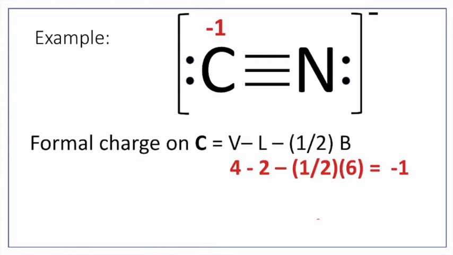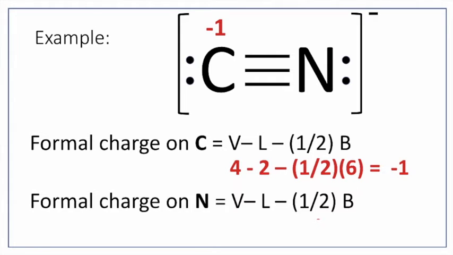Now let's take a look at the nitrogen. We're going to use the same formula. Now, if you remember, nitrogen has 5 valence electrons, and we can see from this structure that 2 of these electrons are in a lone pair, so we're going to subtract each lone pair electron. And just like we figured out with carbon, we have a triple bond here.